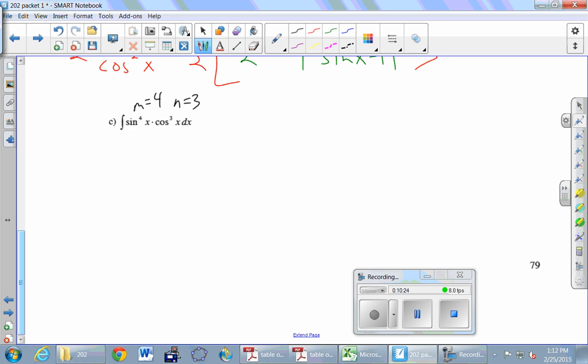Okay, so let's give our u substitution a shot. What did it say? Sine or cosine? Sine of x. So u is equal to sine of x. So du is cosine. And then let's see if we can start rewriting our integral.